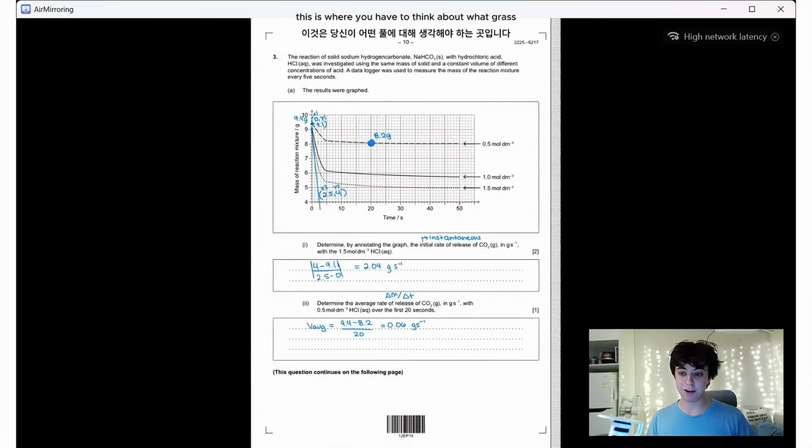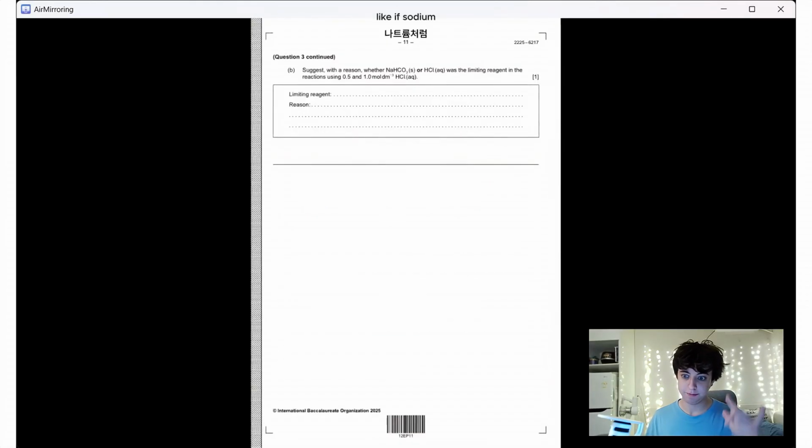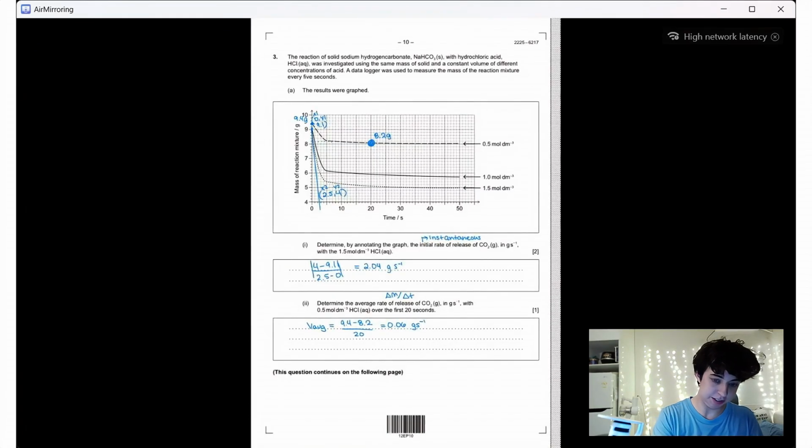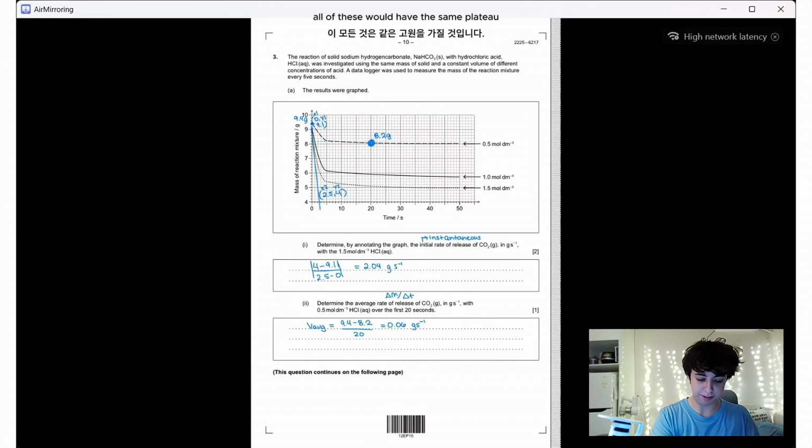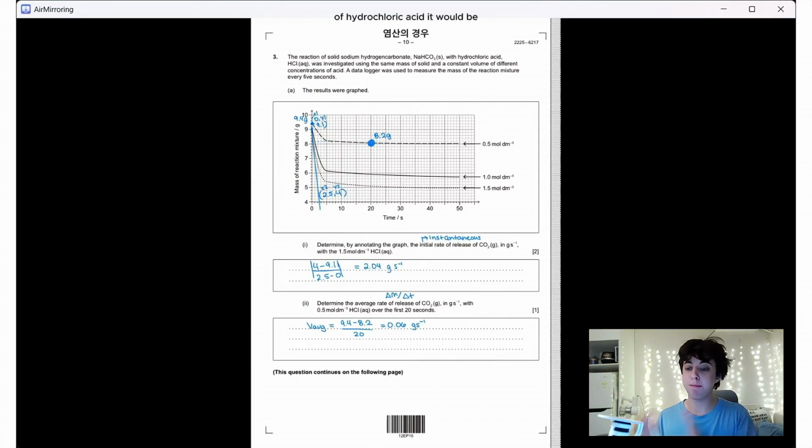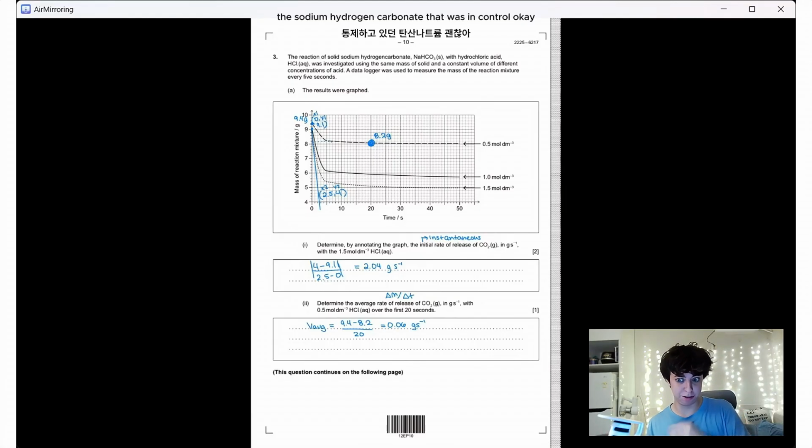Okay, and so this is where you have to think about what graphs normally look like with the limiting reagent. If sodium hydrogen carbonate was the limiting reagent, all of these graphs would have the same plateau because regardless of our concentration of hydrochloric acid, it would be the sodium hydrogen carbonate that was in control.